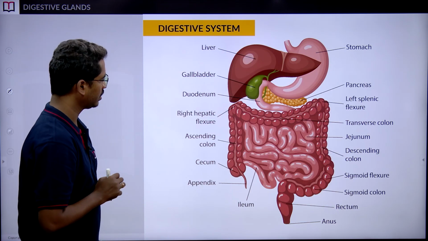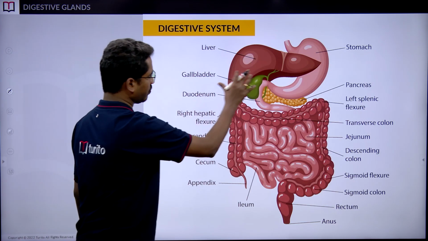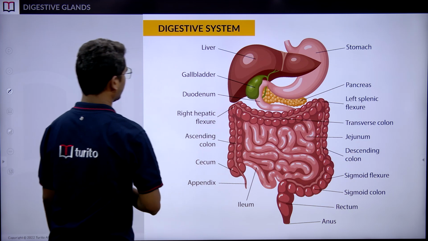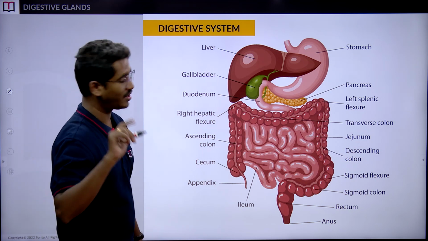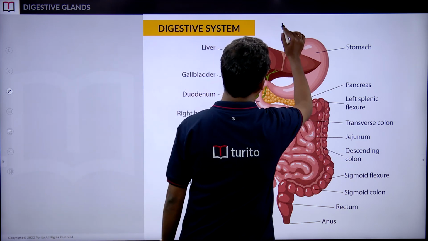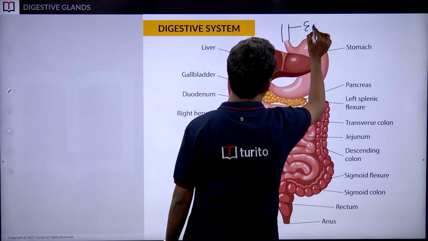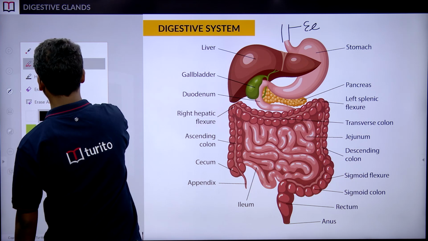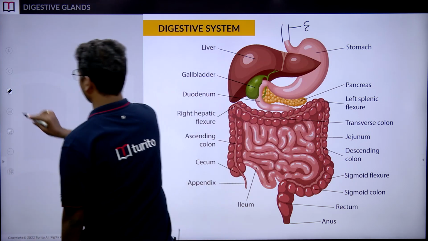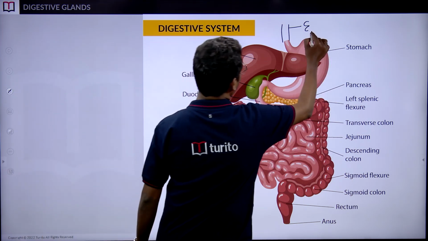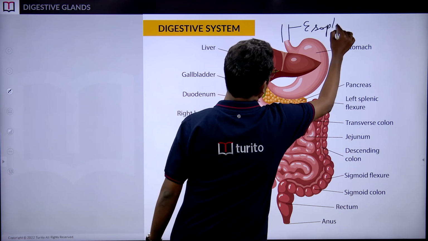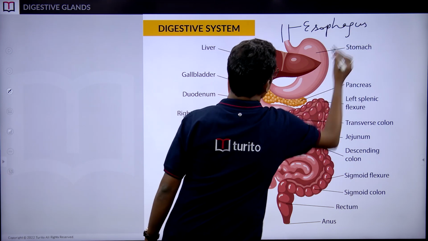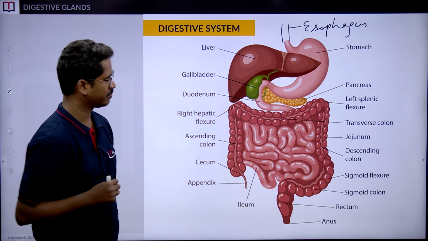So, let us look forward. Whatever organs we have learned, we see almost all of them are available here except one organ. This is an extension of the esophagus. So, this is our digestive system.